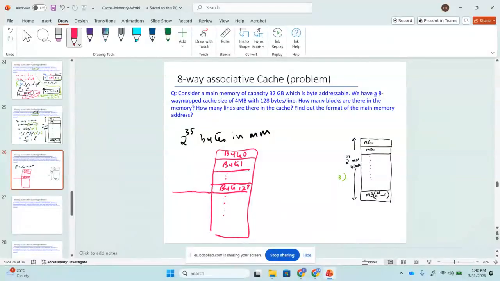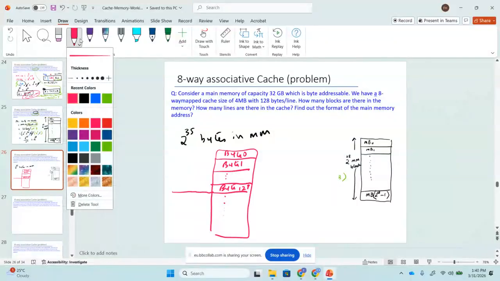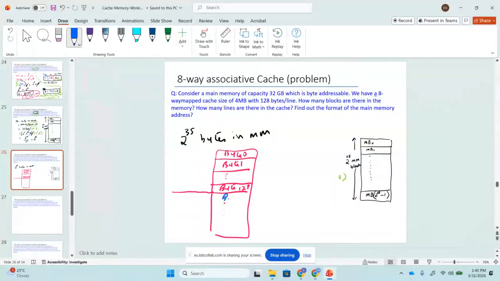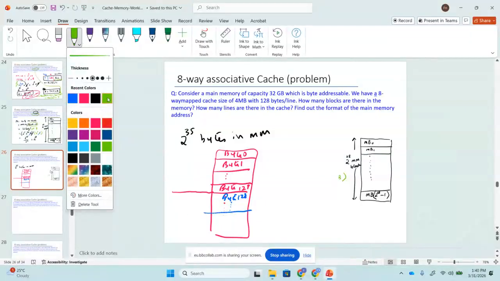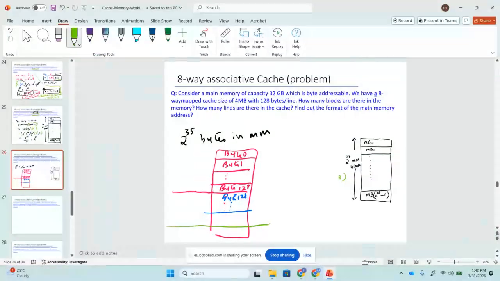Then the next is byte 128, and so on. What will be the last byte? Byte number 2 to the power 35 minus 1.